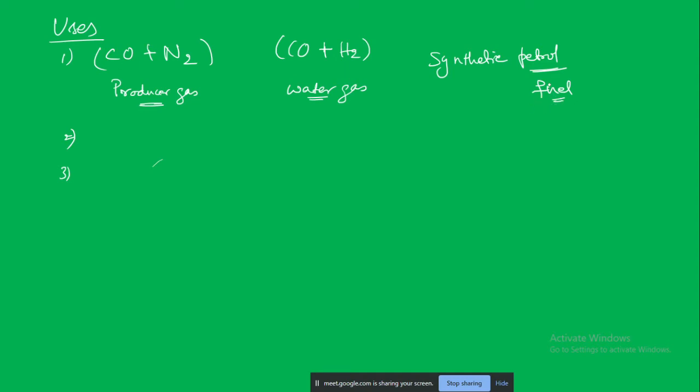So synthetic fuel means what? When we burn cheap materials like wood, coal, biomass, all these things, incomplete combustion will give rise to carbon monoxide. This carbon monoxide will be in combination with other gases.